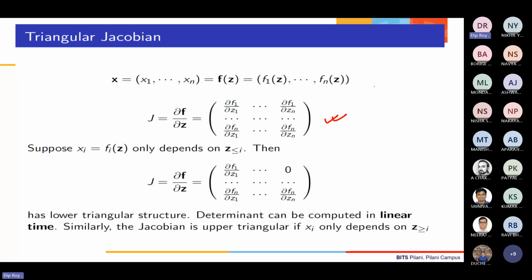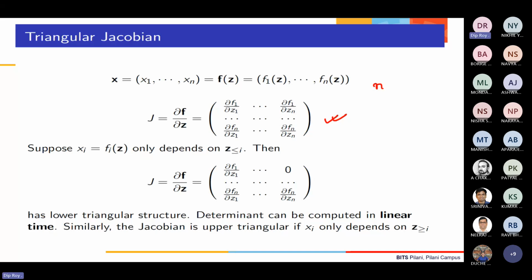So if there are n inputs, it will be an n by n Jacobian matrix, because you have to calculate the gradient of each output with respect to each input. Now how can you make this Jacobian triangular?